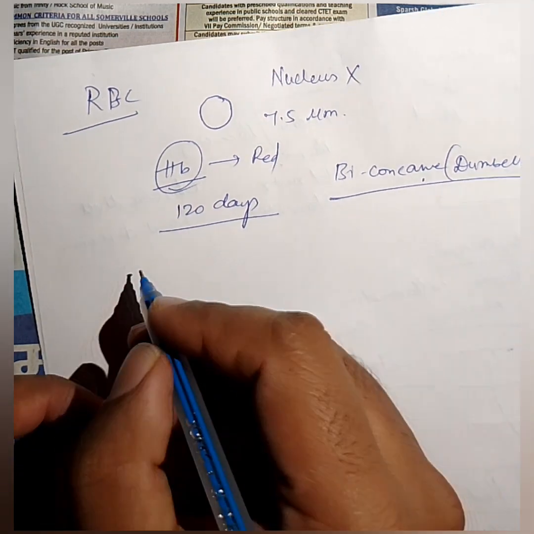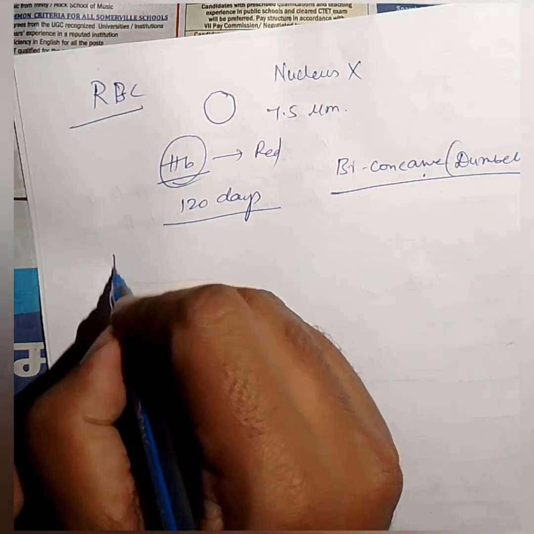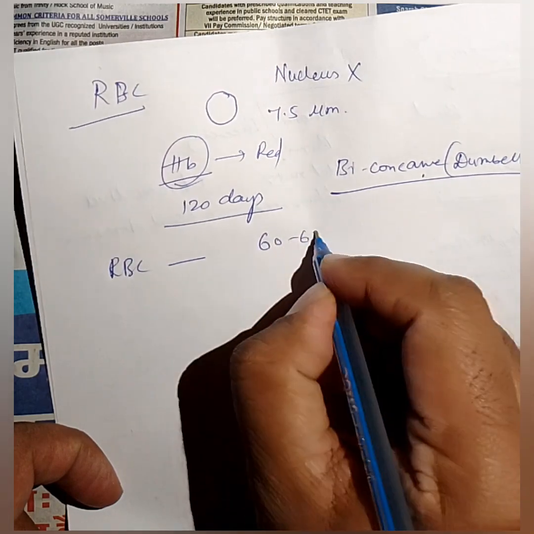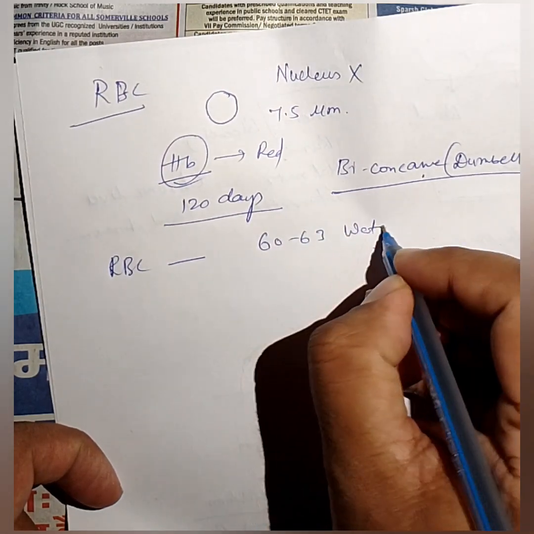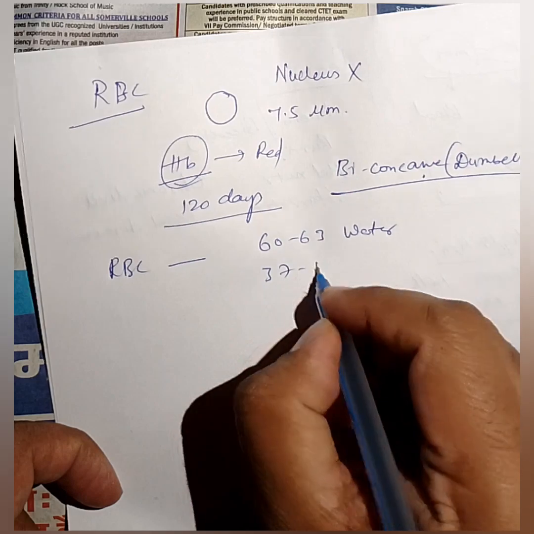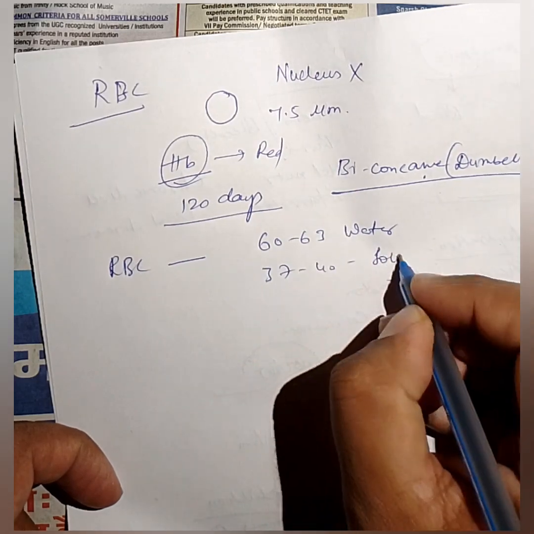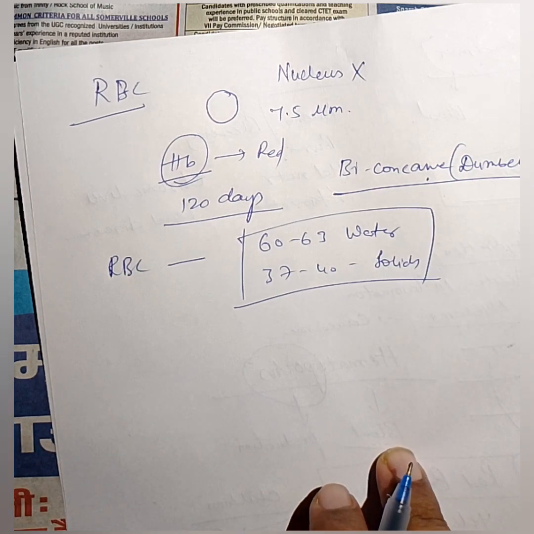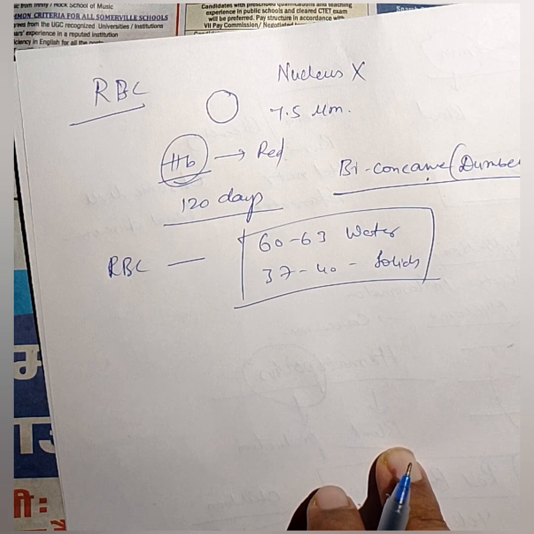Next, composition. In composition, we can see the RBC is composed of 60 to 63% of water and 37 to 40% of solids. As we have seen in plasma, we have 91% of water and 9% of solids as well as the organic solids.